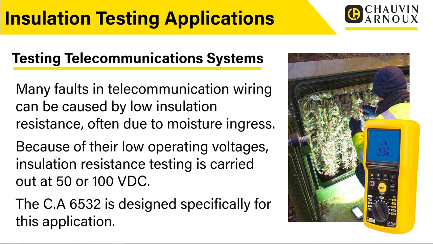So that is a product designed specifically for this telecommunications testing application. But if ever you see insulation resistance testers with a 50 or 100 volts range, generally it's for this reason: to fit in with the testing of telecommunication systems.